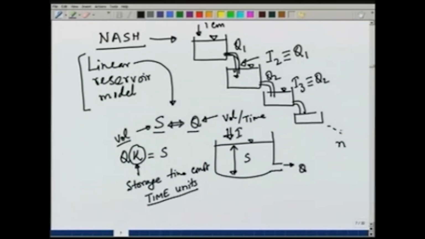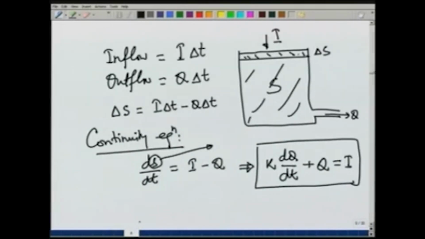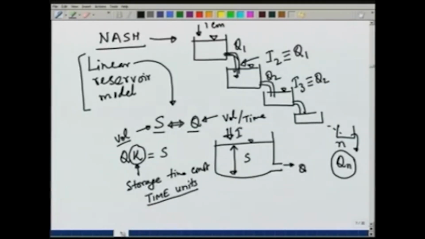So, ultimately our aim is to get the outflow from the nth reservoir, Qn, and by solving this equation for each reservoir, we can get Qn, which will give us the IUH ordinate, because what we are saying here is that 1 centimeter of rain falls instantaneously on the first reservoir and then is carried through to the nth reservoir.